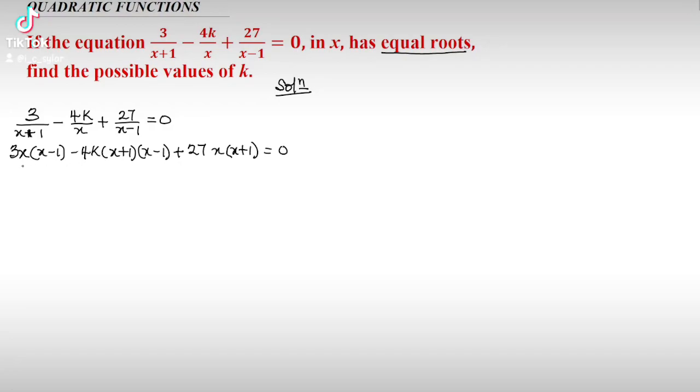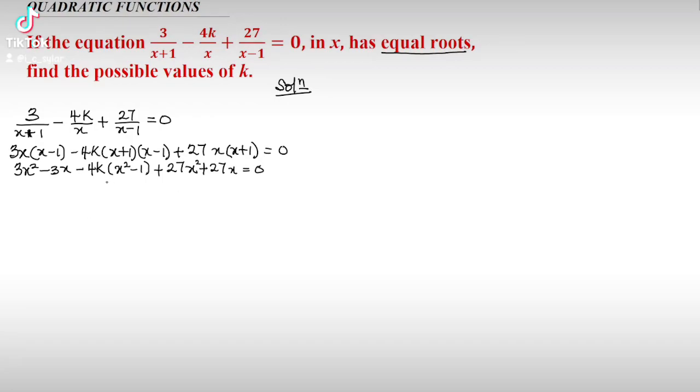So let's expand this. This gives us 3x squared minus 3x, negative 4k also multiplies this. x plus 1, x minus 1 is a difference of two squares, and when we do that, we have x squared minus 1. Then plus 27x squared plus 27x, and this is equal to 0.